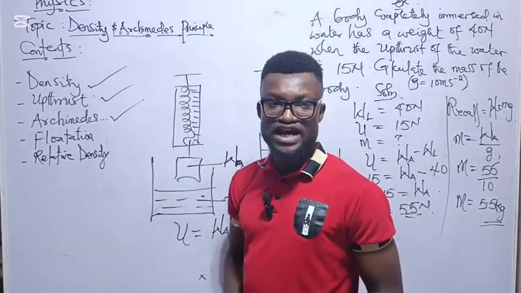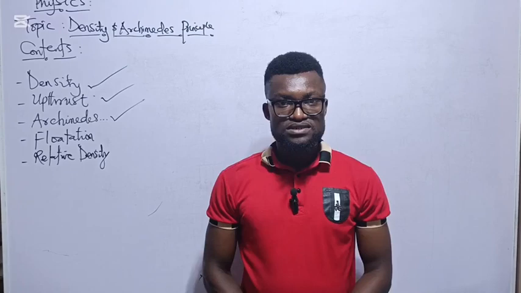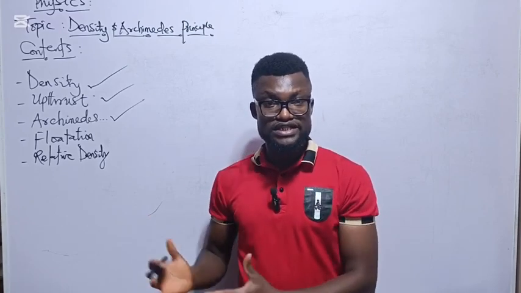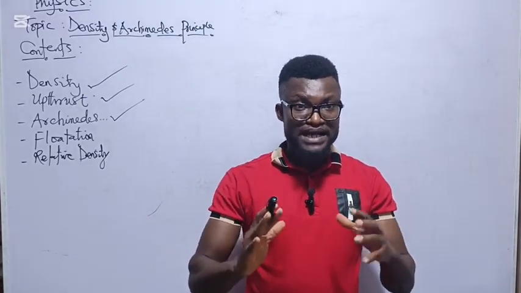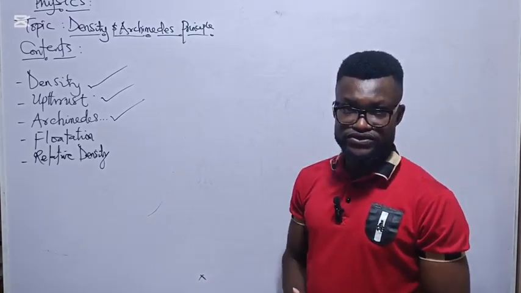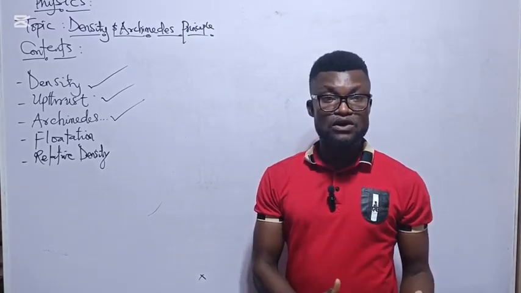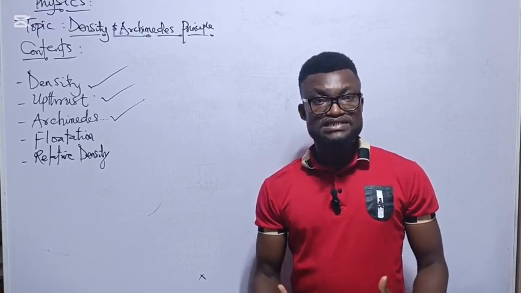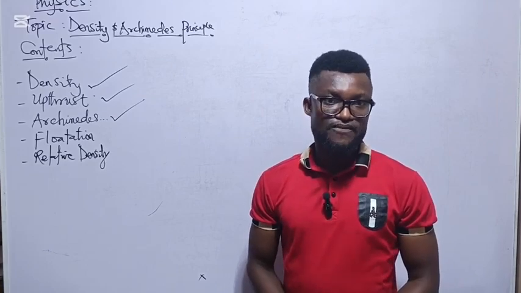Now, we've done that of upthrust. Let's move into Archimedes' principle. What this principle is telling us is also related to upthrust. When you immerse a body in a fluid, whether the body is immersed partly or wholly, you will observe that there will be a displacement of that liquid.